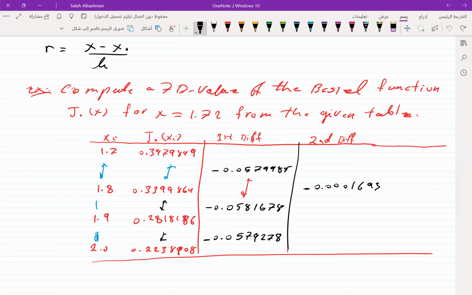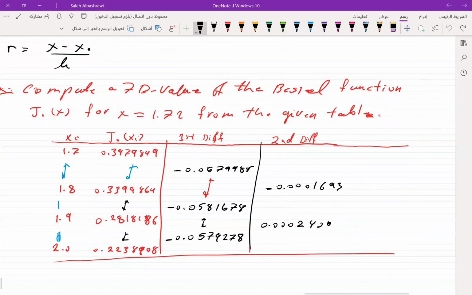And between these two, I will have 0.000240. This is the second difference. We can move to the third one. The difference between these two will give me 0.00040393.